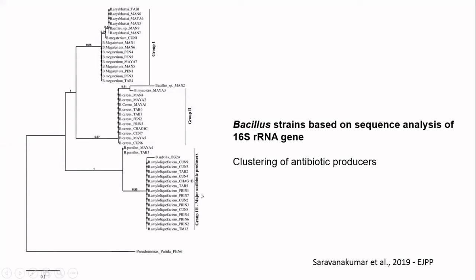We were able to see that these antibiotic producers all clustered in one group, whereas in group 2 and group 1, we haven't seen any of these lipopeptide genes present in those microorganisms. So this indicates that the 16S rRNA gene could also be very well used to study the diversity of the microorganisms. And in addition to that, it has very well clustered the antibiotic producers.